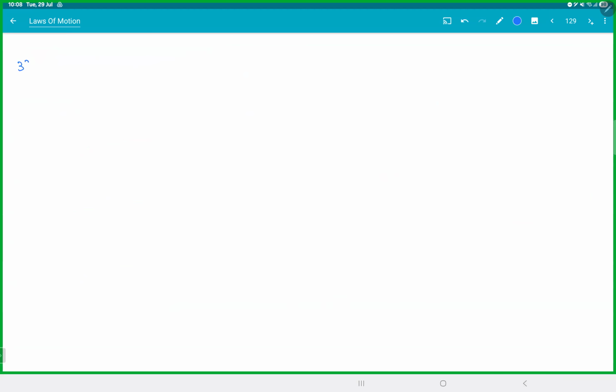Next one. This is a standard one. So we have a pulley, we have a block here of mass m and mass 2m. Release from rest. Find the acceleration and the tension in the strings.